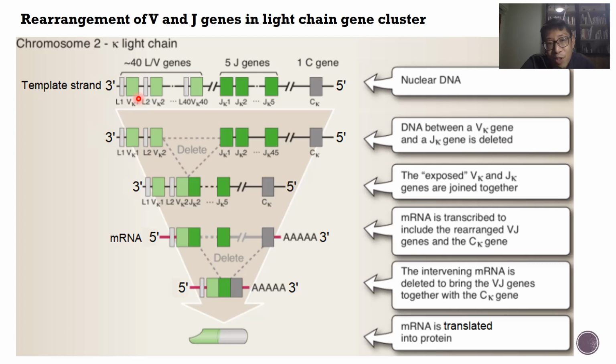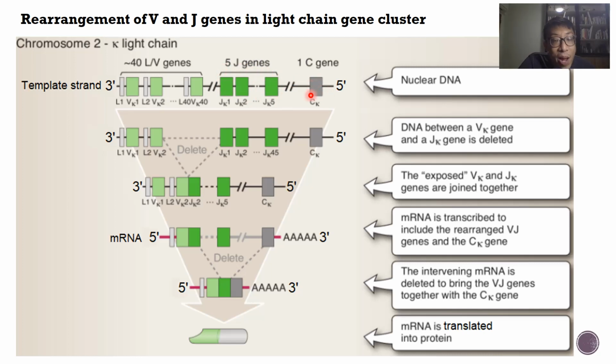I'm not showing the long template strand, just the one strand that is transcribed, to make it simpler. Again, remember, the light chain gene cluster has a series of V genes, here about 40, a series of J genes, here 5, then one or more C genes. It so happens the one on chromosome 2 only has one C gene.